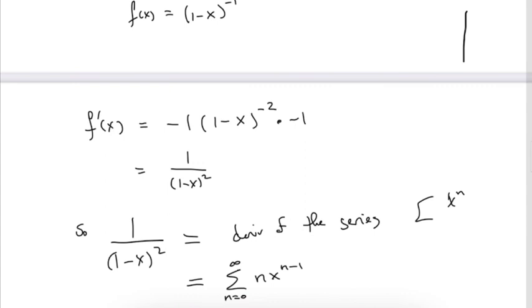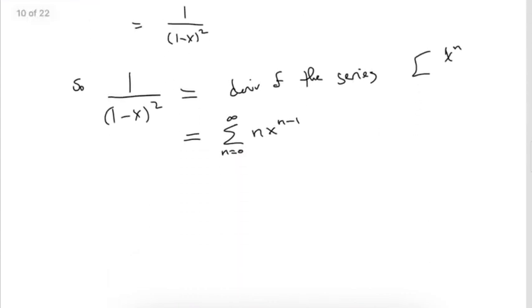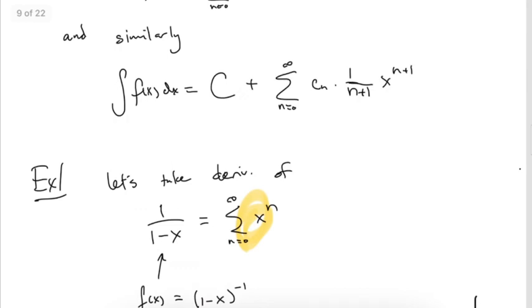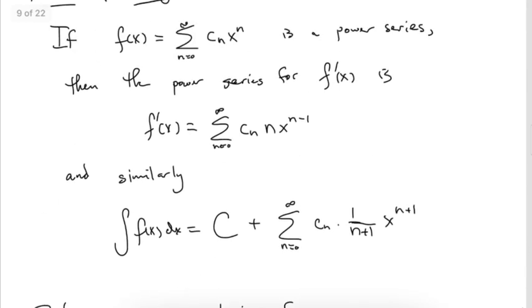Now, something slightly weird about this, and that is that the constant goes away. Sorry, I should have said up here, as part of this theorem, this is a mistake that I made. So the sum here starts at n equals 1. Sorry about that. It's because when you take the derivative of a power series, whatever used to be the constant in your original series should go away entirely.